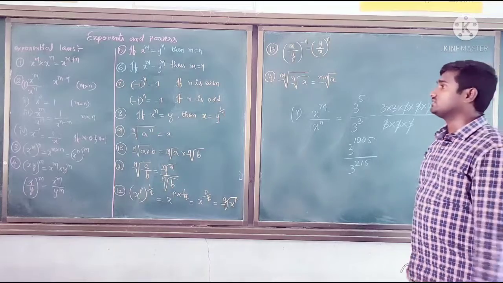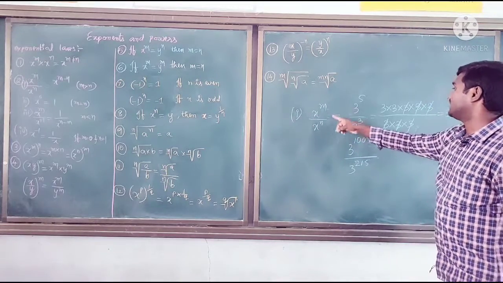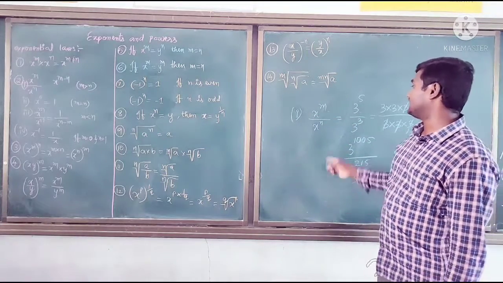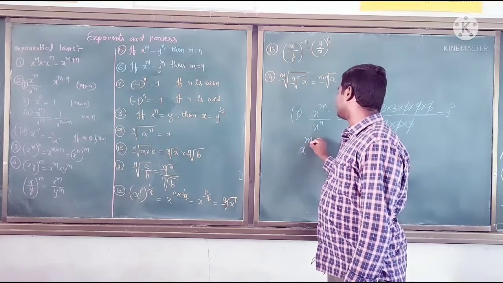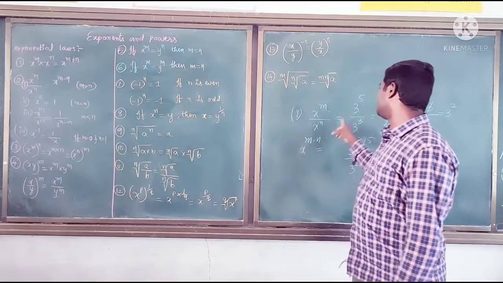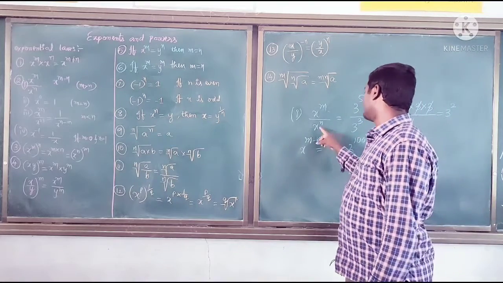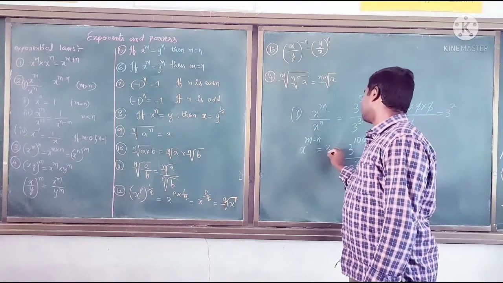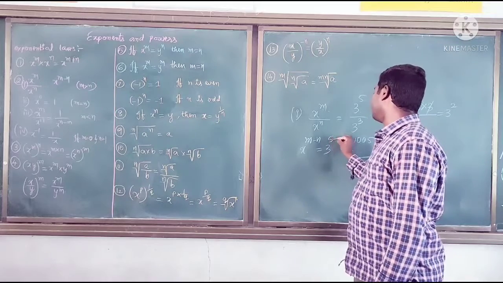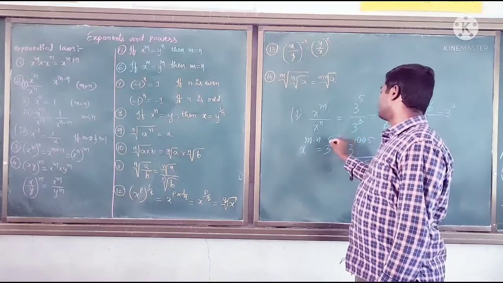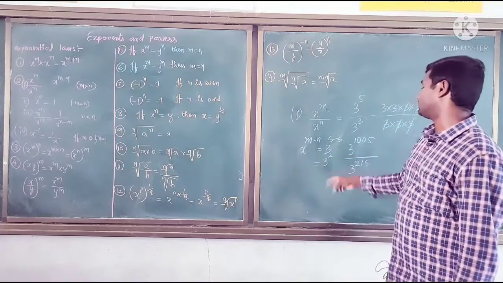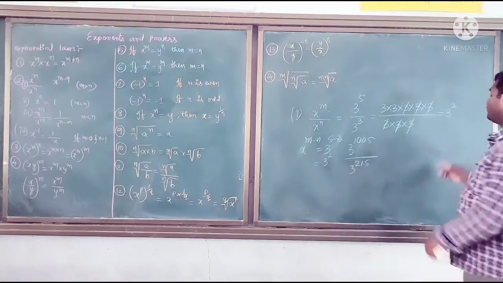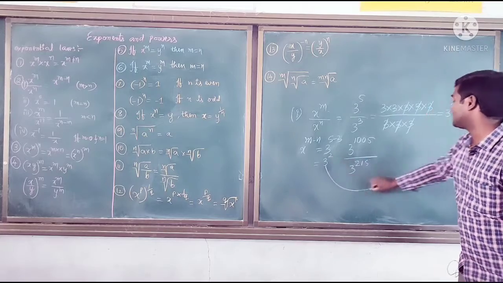So we can use the formula x power m by x power n equal to x power m minus n. What is the m value here? 5. What is the x value? 3. So 3 power 5 minus 3, here n is equal to 3. So 5 minus 3 is how much? 3 power 2. Here do we get the correct answer or not?